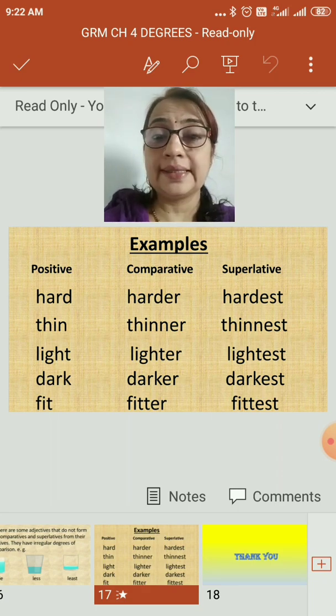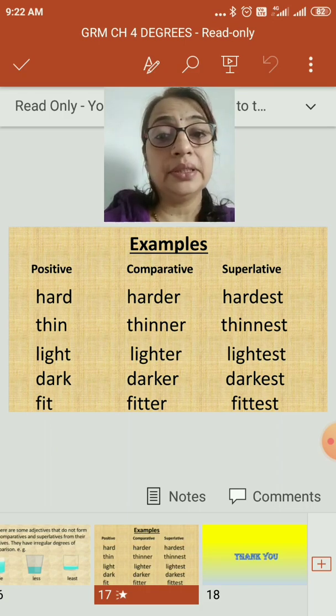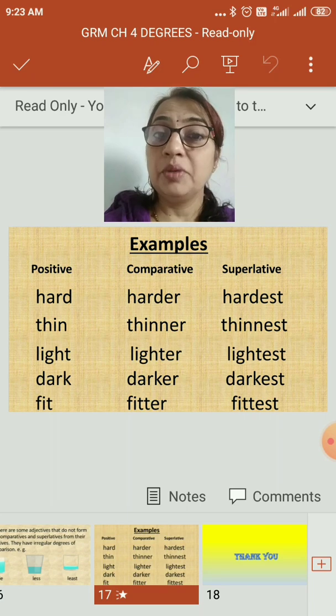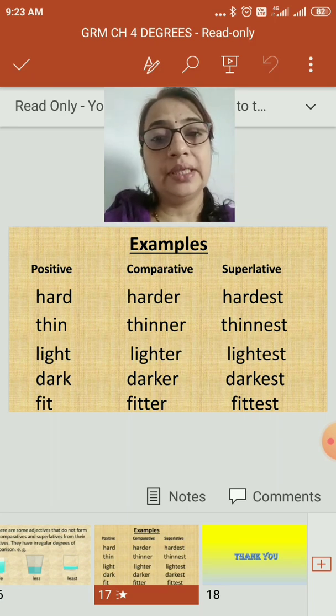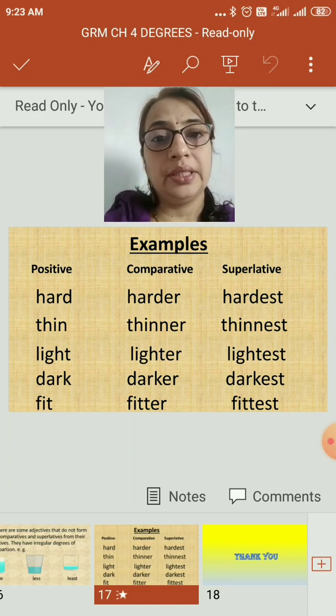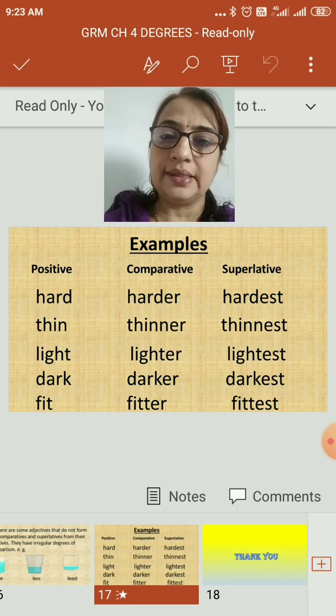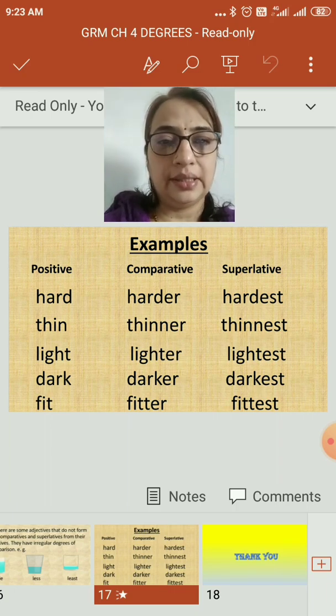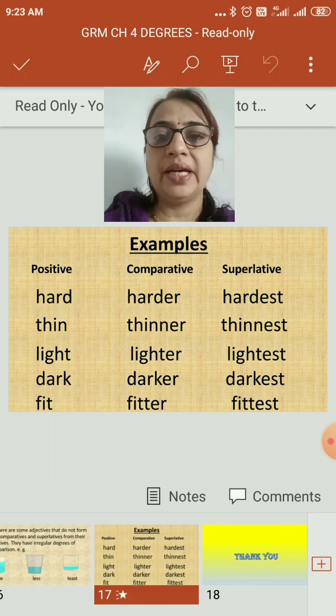Then in the second example, T-H-I-N thin. Here we have doubled the last consonant, the ending consonant. Why? Because we learnt that if the word is ending with a vowel and a consonant together, you have to double the ending consonant and add er and est. So that way we have done thin, thinner, thinnest. Double N we have done.